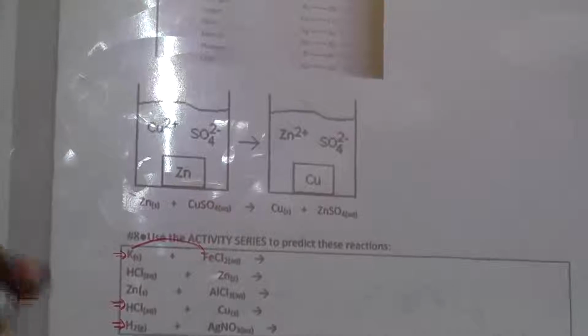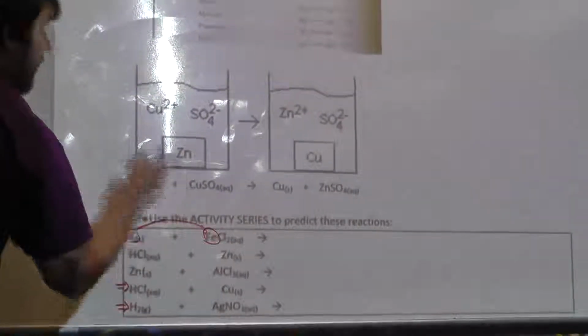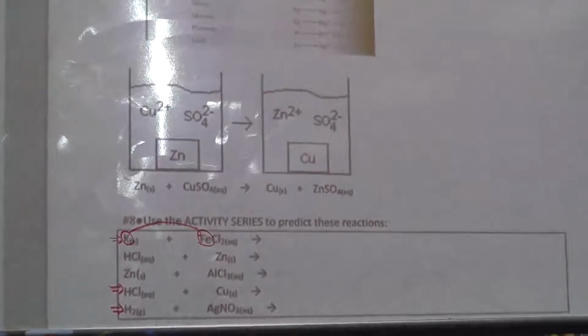So in this case, we want to find potassium metal and iron on our activity series here. Where is potassium, and where is iron? About middle of the chart right here. So there's your iron, and there's your potassium.